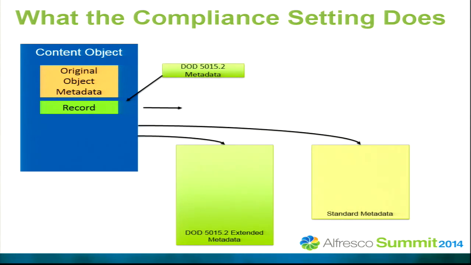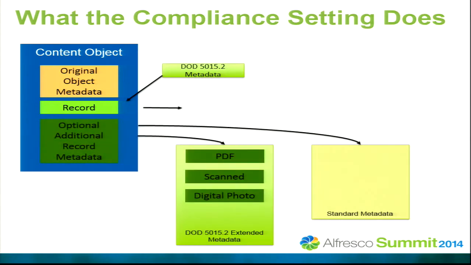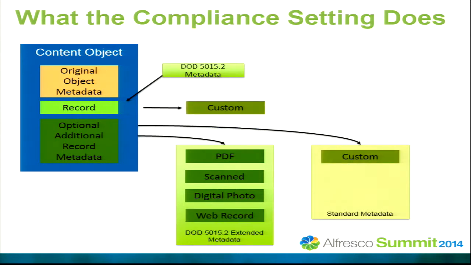That's metadata that's mandatory according to the DoD 5015 rules. Part of that causes a problem for people who don't care about it because you have to fill it out. So what we've allowed you to do is to go to the standard metadata, where you can add your own custom types of records or custom metadata, but you don't have to fill out the 5015 anymore.